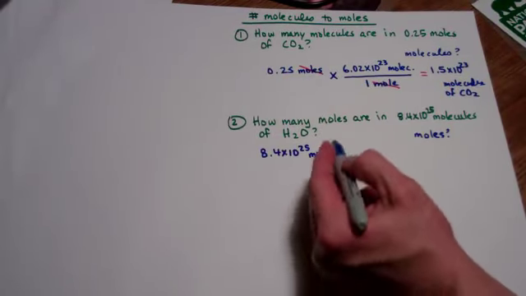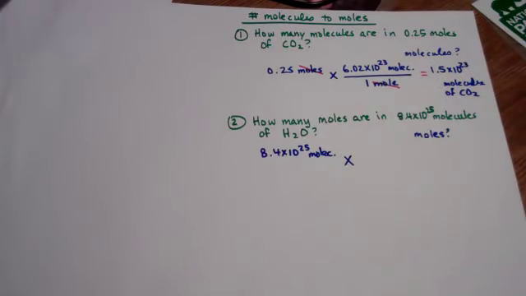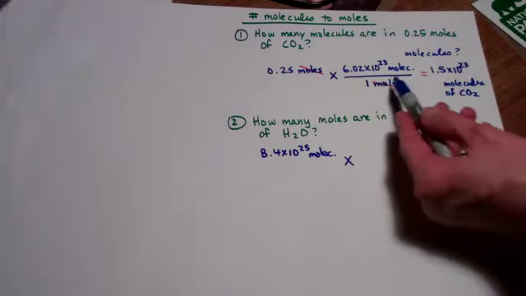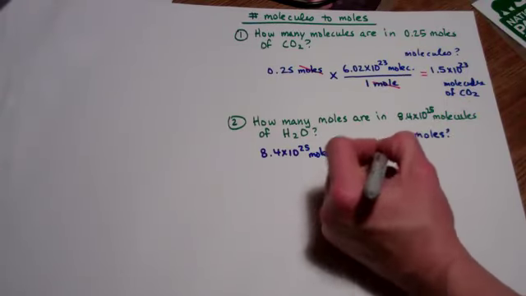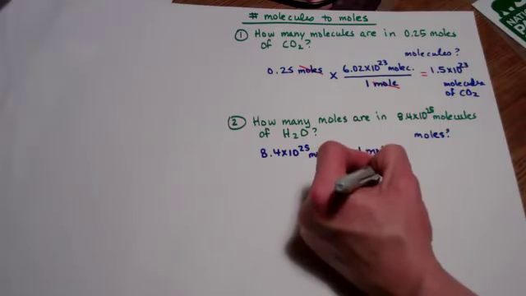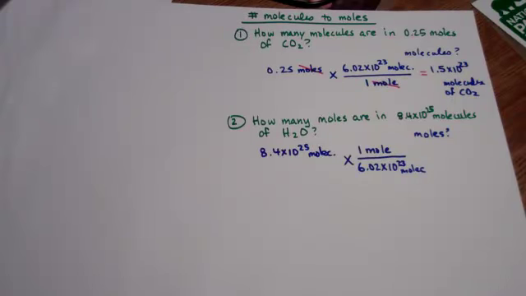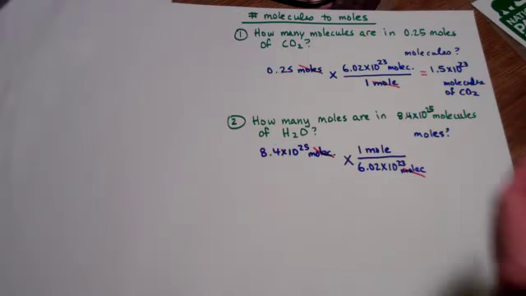So when we want to calculate this then, we're going to want to use our same conversion factor that we used in the first problem, only this time we want moles on top because that's what we want to calculate. So we'll have 1 mole on the top and we'll put Avogadro's number on the bottom. So we're going to see our molecules in this case are going to cancel out, and our answer is going to be left in moles.